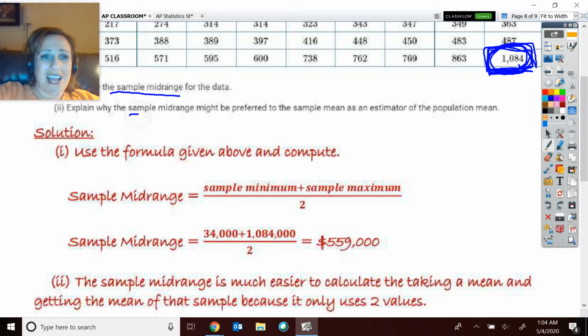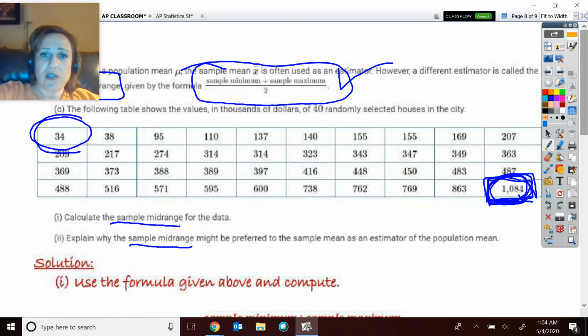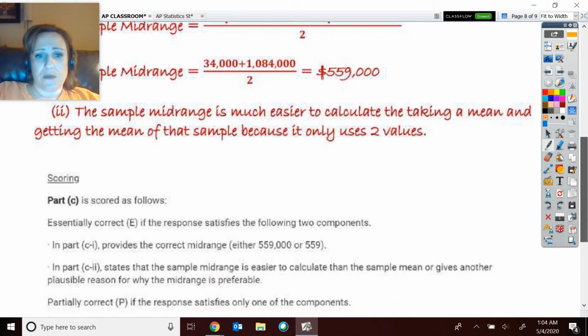So explain why that is maybe a preferred method. Well, because I don't have to get a whole bunch of samples and get all of those sample means. I just take 2 values and then I just find the average of those 2 values.